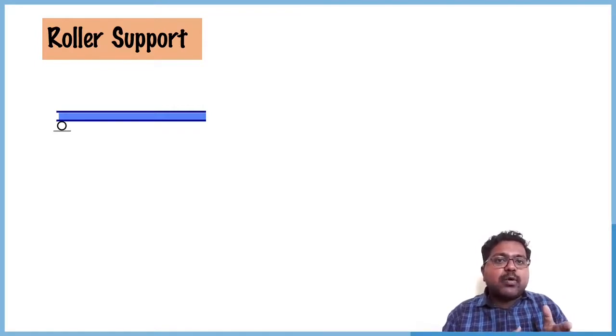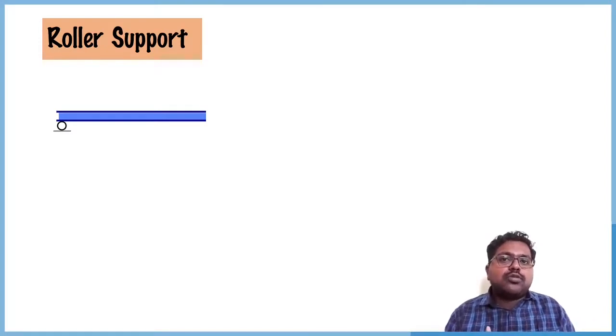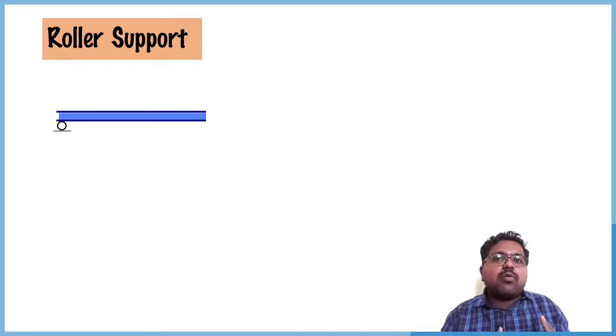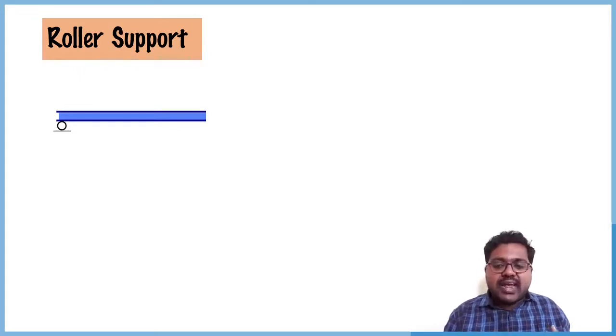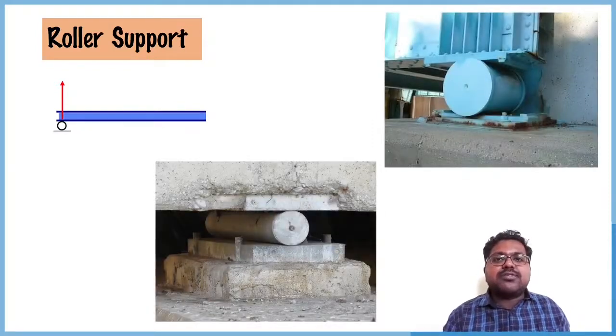In this support condition, we are restraining the member in the y direction, whereas in the x direction and in rotation, the member is free to move or rotate. So it is restrained in only the y direction, and we get a support reaction in only the y direction at this place. These are some practical examples which we use in bridges or any heavy steel structures.